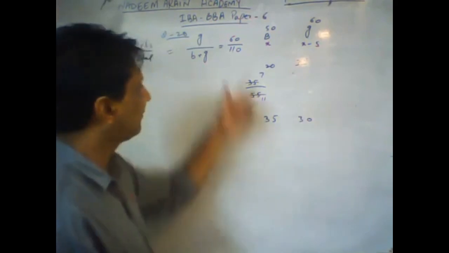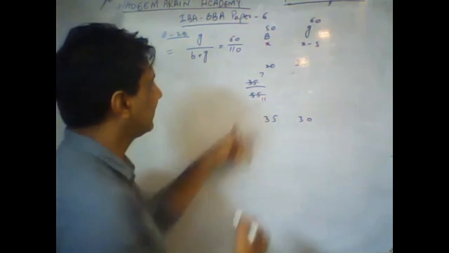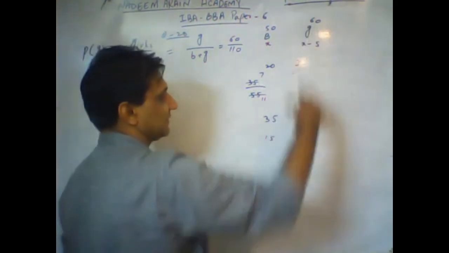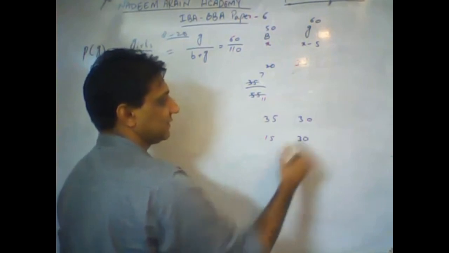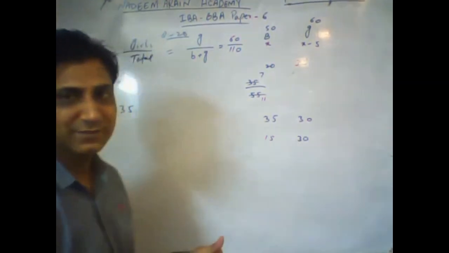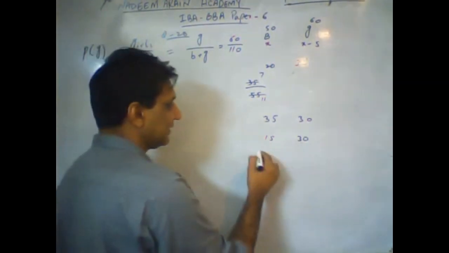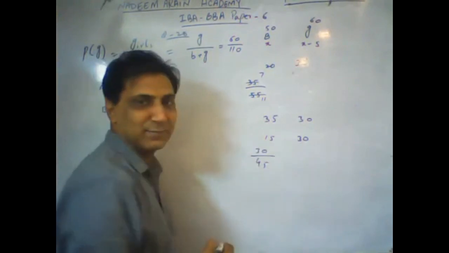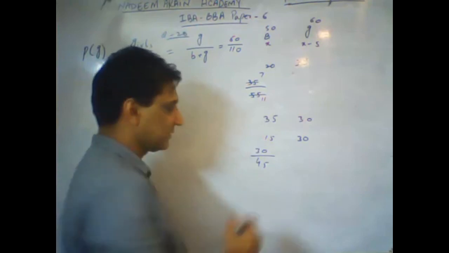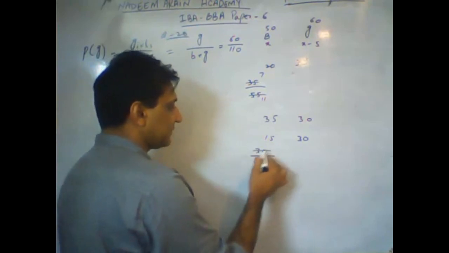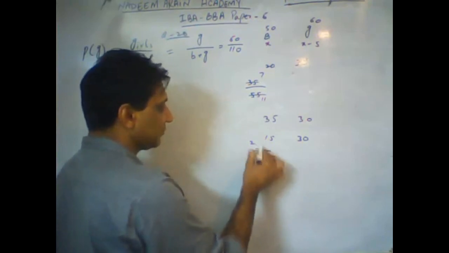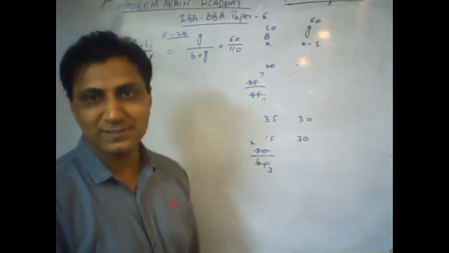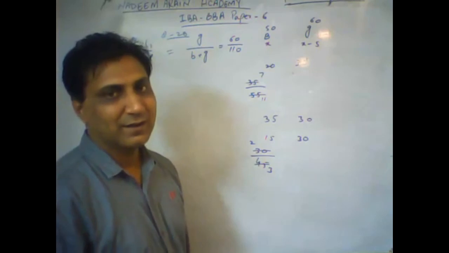So there will now be 50 minus 35, 15 boys left, and 60 minus 30, 30 girls left. So 30 divided by the total 45 is the probability of remaining girls. That is 15 times 2 over 15 times 3, 2 over 3. Again, it's not 5 over 7. So this is not our answer.